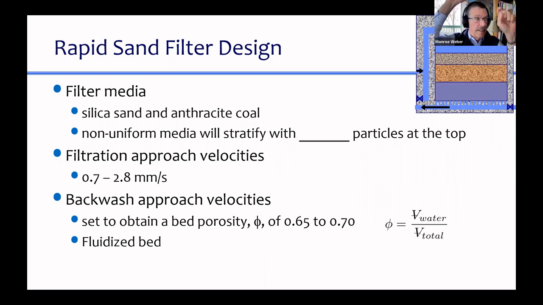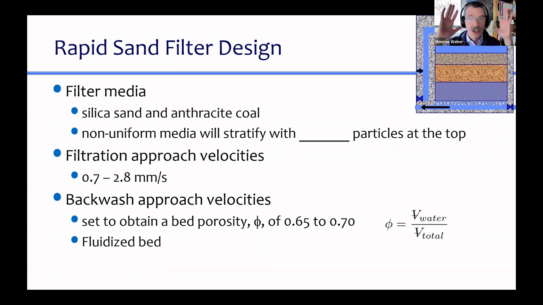But the sand terminal velocity is actually greater than the anthracite terminal velocity, and so the anthracite ends up on top. Okay, so that's how dual media filtration works. You get the larger grain sizes to end up on top, even though they were larger, but it's because they're less dense, so they settle slower.